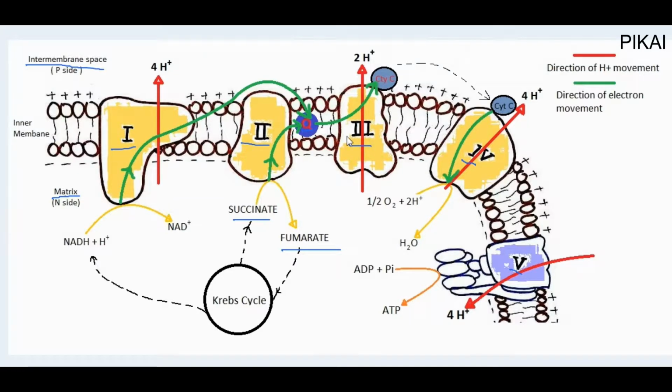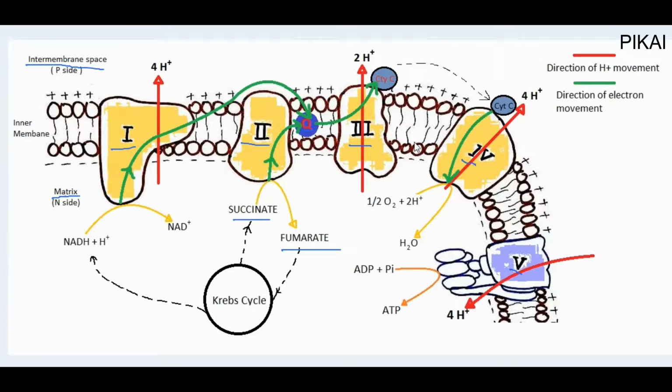After accepting these electrons, complex 3 transfers them to cytochrome C, which is another mobile electron carrier. The cytochrome C is water soluble, so it jumps up to complex 4 outside the inner membrane and gives up this electron to complex 4.